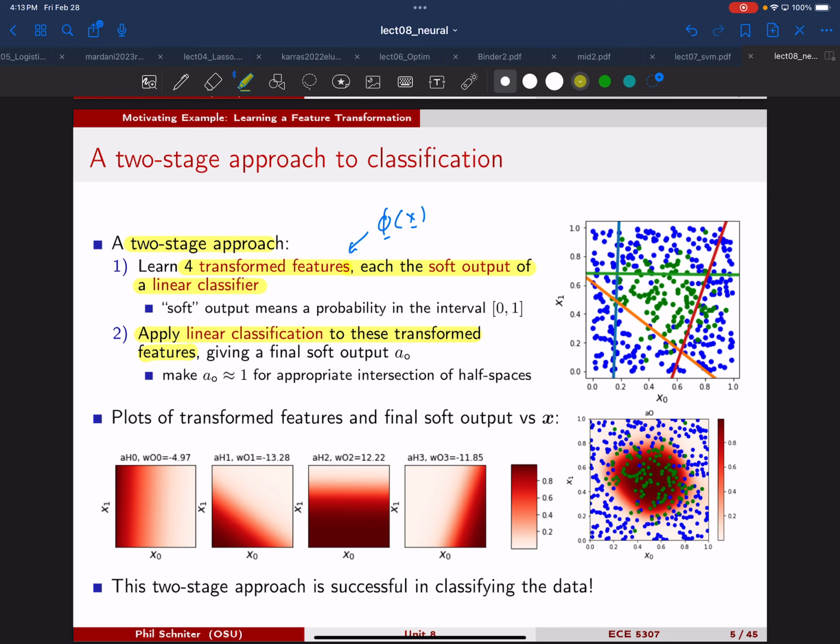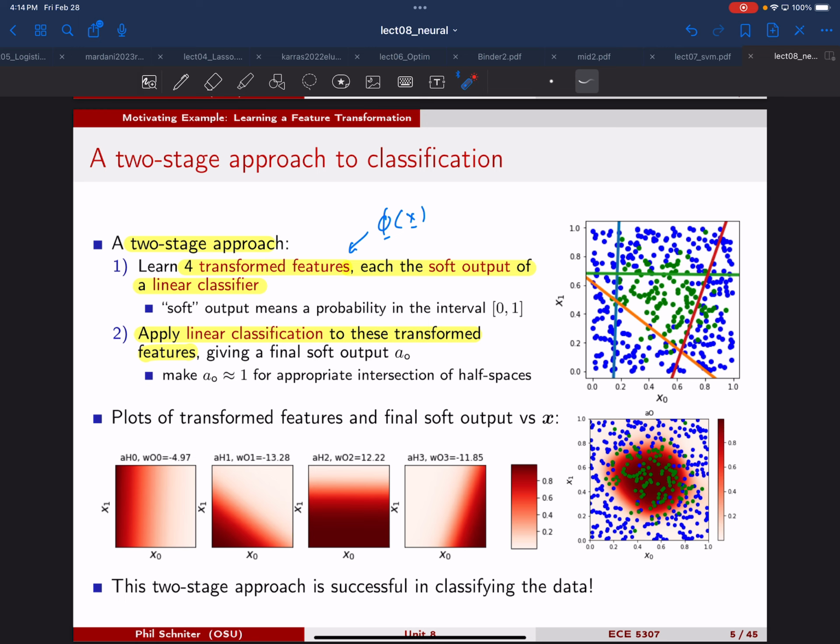Let's be a little more specific. Over here on the right, I'm plotting 4 linear decision boundaries. Each one of them we can associate with a binary linear classifier, as we know.